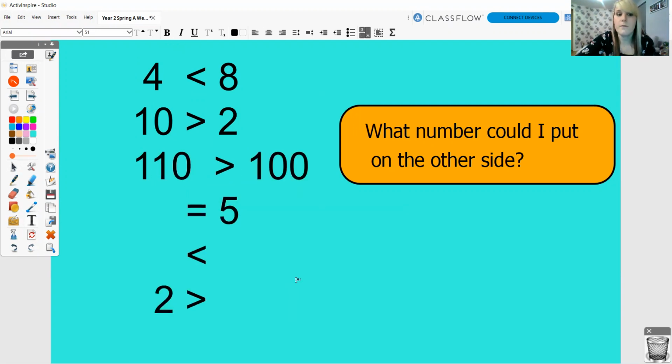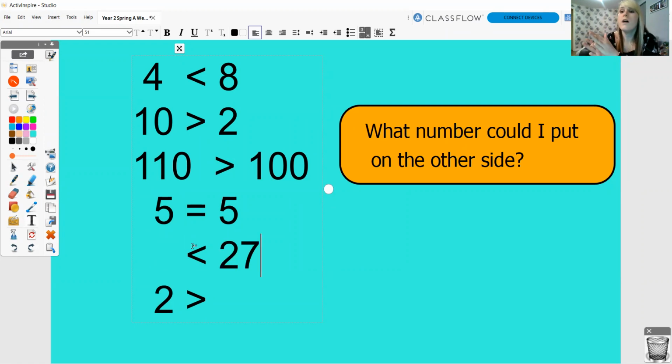And then if we've got 5 here, and we've got the equal sign next to it, then there's only one number we could possibly have on the other side. What's that number? It's 5, because both sides must be equal, the same value. And then here you can see it is blank. So let's pick any number. Let's pick 27.